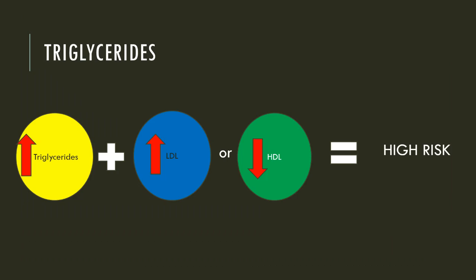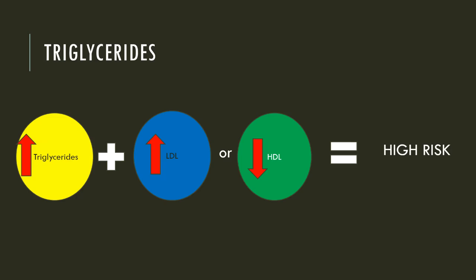The last type of fat that we're going to talk about would be the triglycerides. The triglycerides are the most common type of fat in the body. They store excess energy from your diet. So if you eat too many calories, those extra calories are going to be stored as fat.